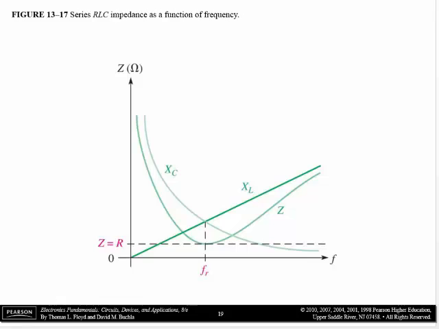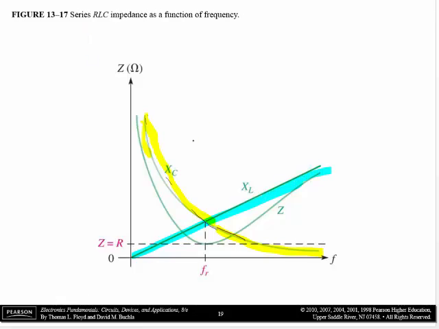So as I've conveyed in the previous lecture, if you were to compute the Z total as a function of frequency, so as frequency changes, remember we have XC doing this 1 over F kind of shape, and XL is doing this straight line shape.